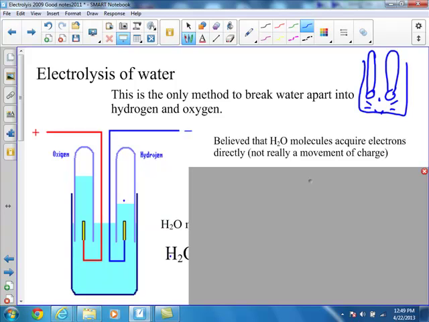So these blue things are the test tubes. These things right here are electrodes that are coming into it. The power supply is up here somewhere. So these are electrodes that are coming into each one of these.